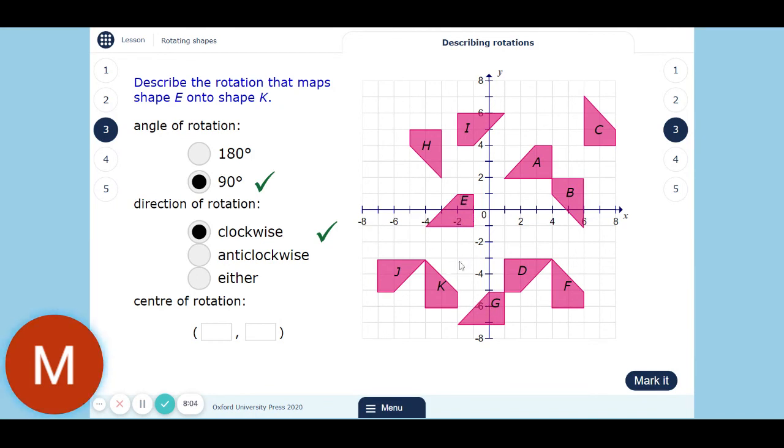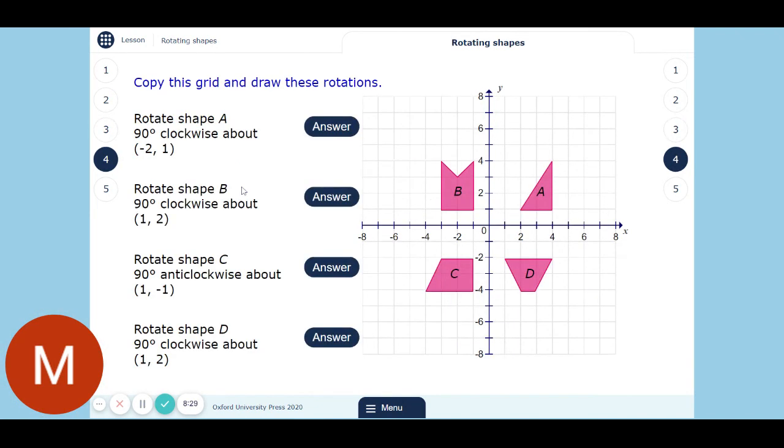Okay, so it's somewhere in this position here in the middle, but not exactly in the middle because it's 90 degrees. So how you do that is you would get tracing paper, you trace over the shape, and then you just put your pencil down, turn it, and see where it goes. Okay, so I'm not even going to guess that one because that's not something I do without tracing paper.